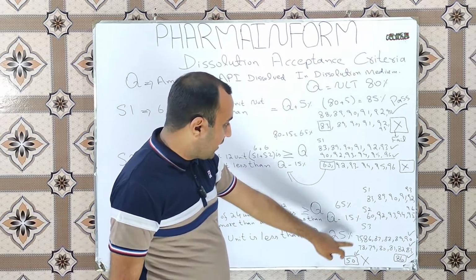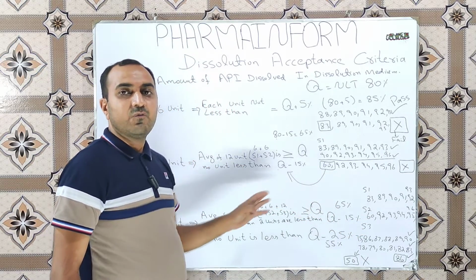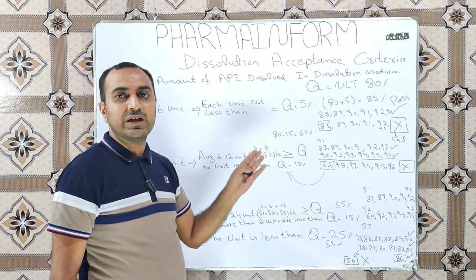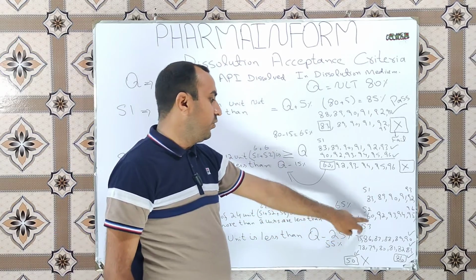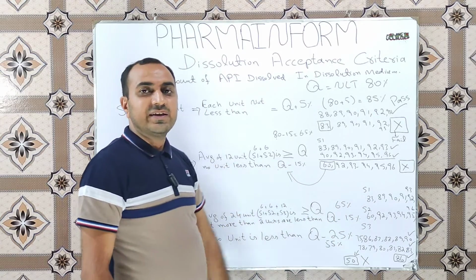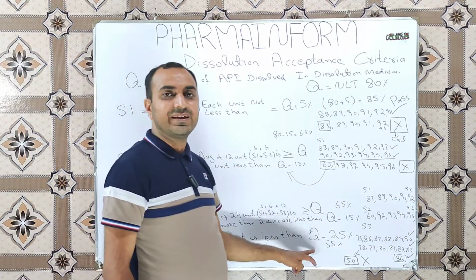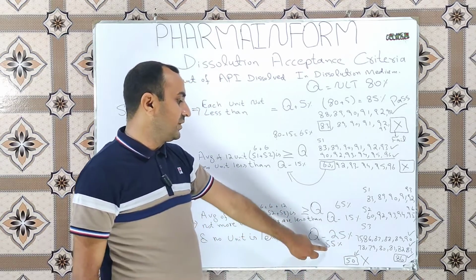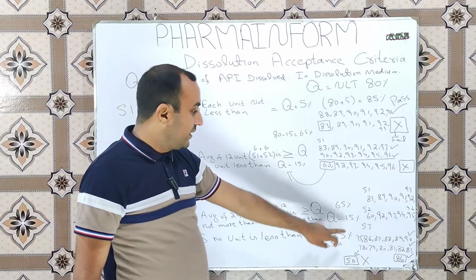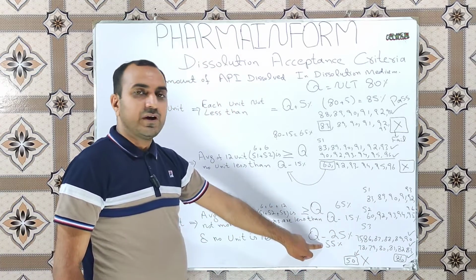Now we will check that only one tablet is less than 65%. We are allowed to have not more than 2 tablets less than 65% and we have only one tablet less than 65%. The third criteria is that no unit is less than Q minus 25, meaning 80 minus 25 is equal to 55%. In our result, no tablet is less than 55%.